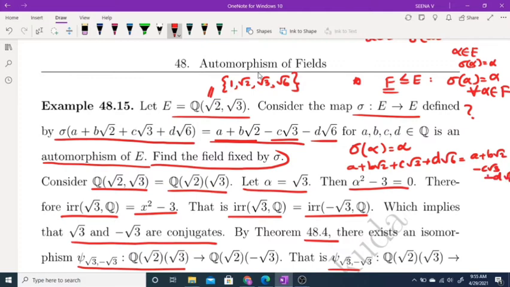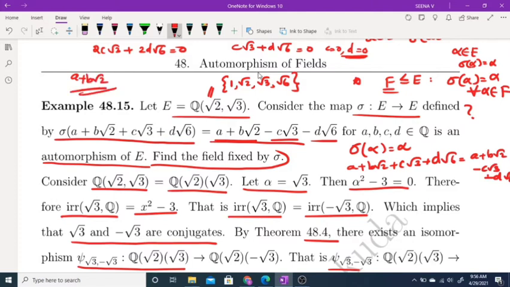From this we get 2c root 3 plus 2d root 6 equals 0, or c root 3 plus d root 6 equals 0. This is possible only if c equals 0 and d equals 0. This implies the remaining elements are of the form a plus b root 2. But we can't directly write that this is the same as Q of root 2, so that's why we are choosing this method.